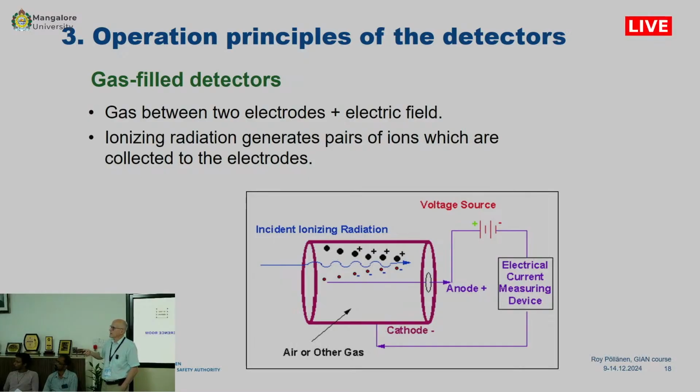What happens when ionizing radiation comes to the detector? It can come from the left or from the top or from the bottom, but positive ions and electrons are generated, and using voltage between the cathode and anode, we get the signal out.